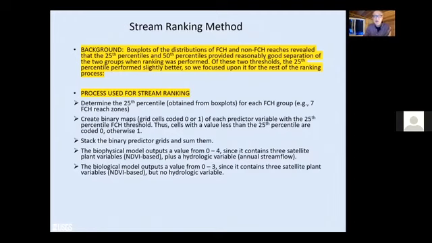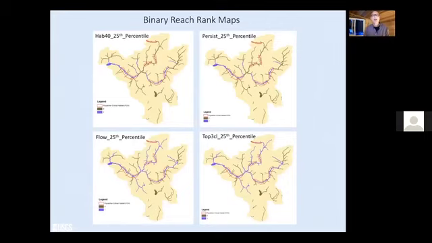So we experimented, looked at the 25th probability percentile and the 50th percentile, and we decided the 25th percentile did a better job at delineating those 7 critical habitat reaches. So from here on out, I'm talking about the 25th percentile in that control group to create those binary habitat predictor grids. And here they are.